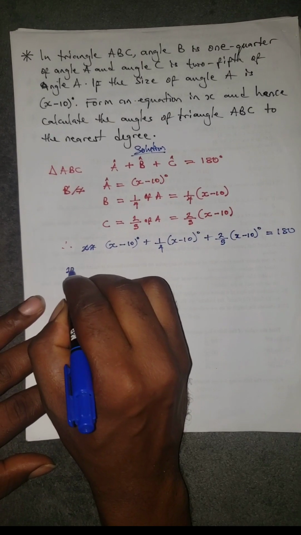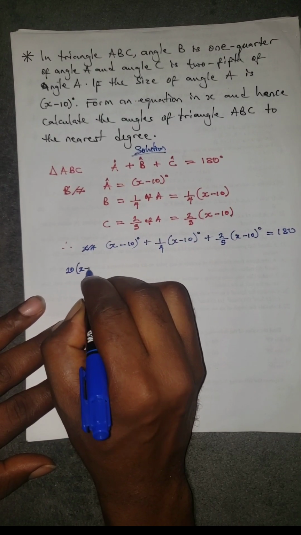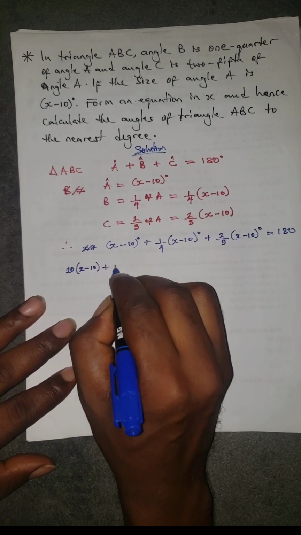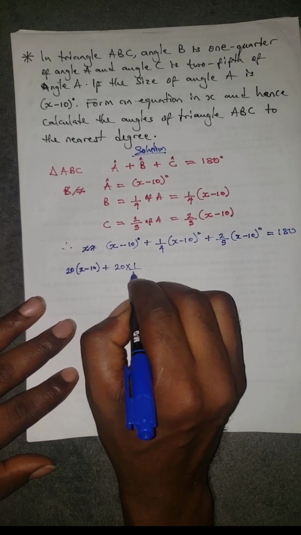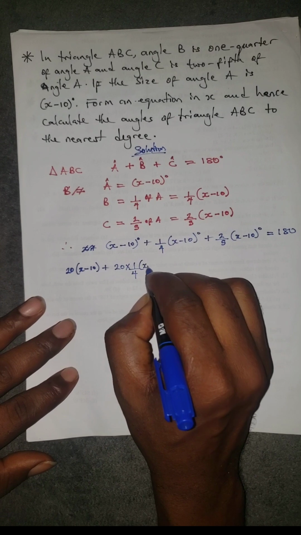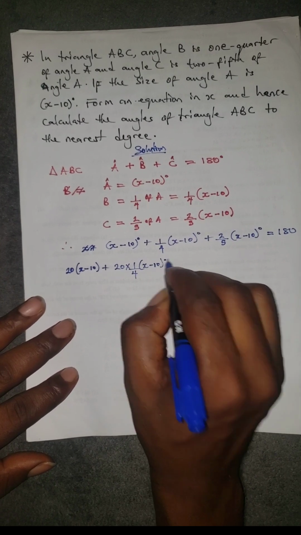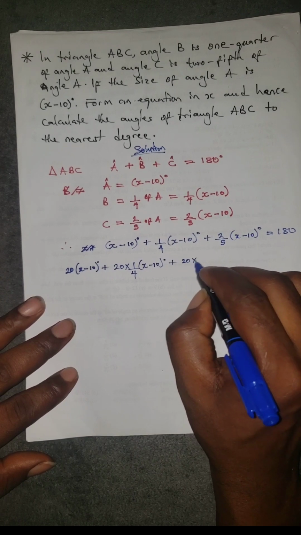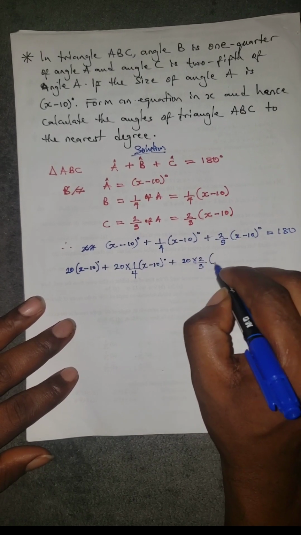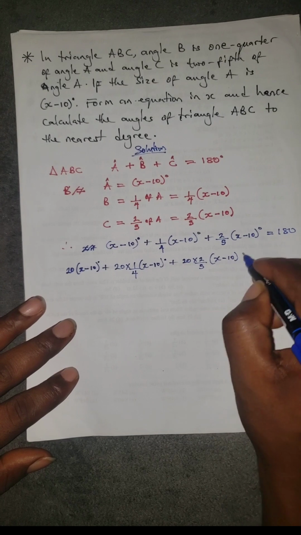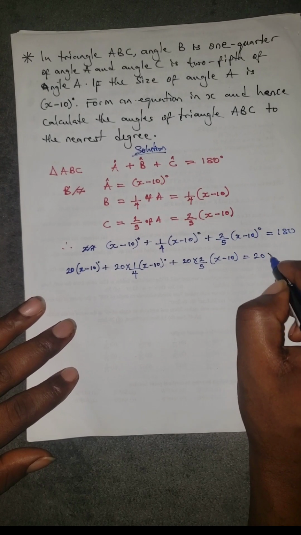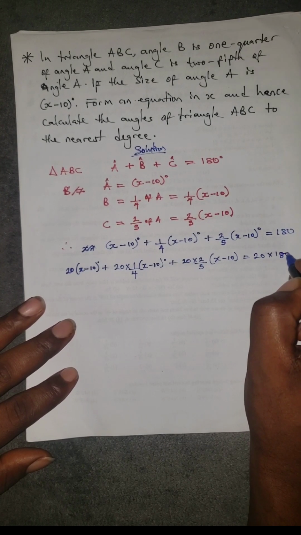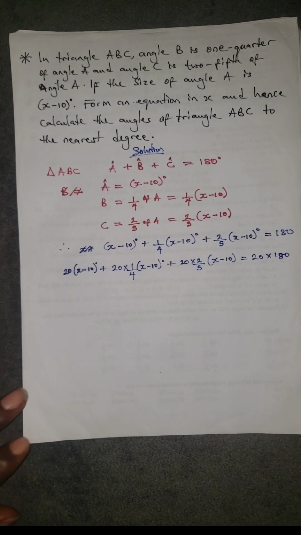So 20 into x minus 10 plus 20 times 1/4 into x minus 10 plus 20 times 2/5 into x minus 10 equal to 20 times 180. Okay, of course, over 1.